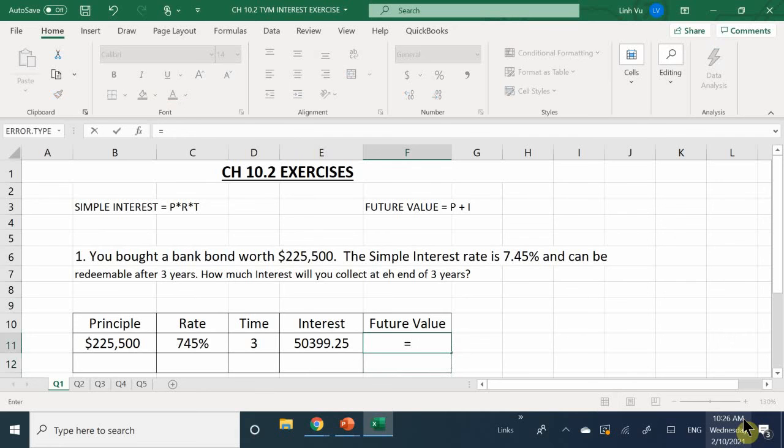So then, what is my total future value going to be? Interest plus principal. Correct.